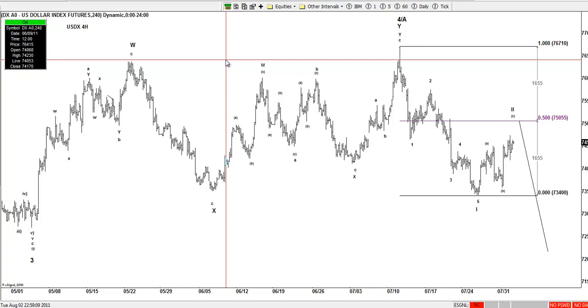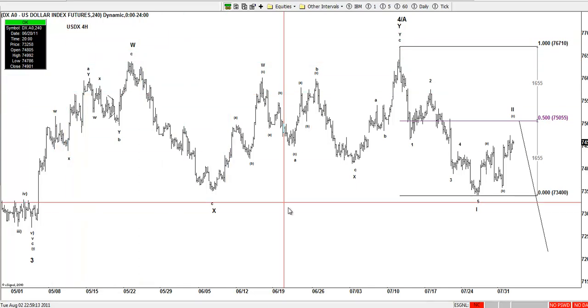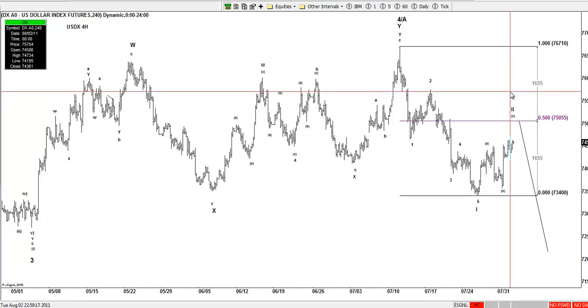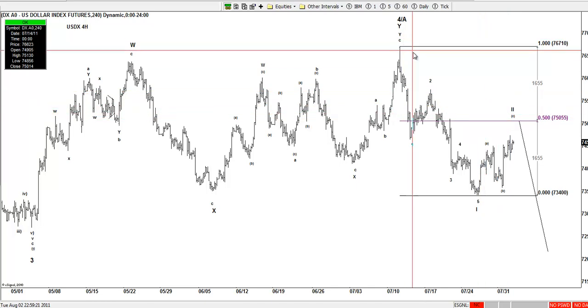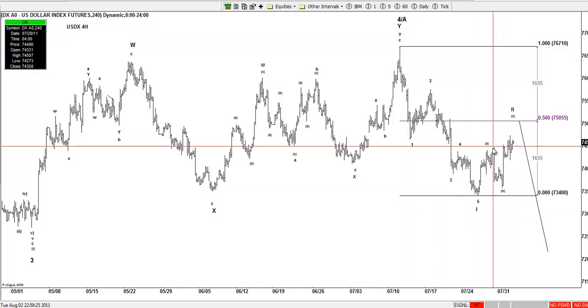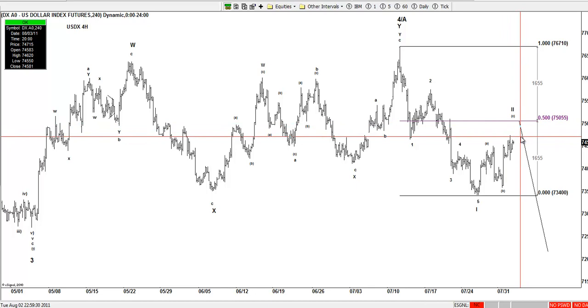So here we go. We're going to start with the dollar in the 4-hour chart. Same count, no change at all. There is an alternation, yes, that we have an alternative, yes. But still, we believe this count is very solid, very valid, and that the dollar is looking for an area around 75, which is the 1.41 in the euro dollar, to turn lower.